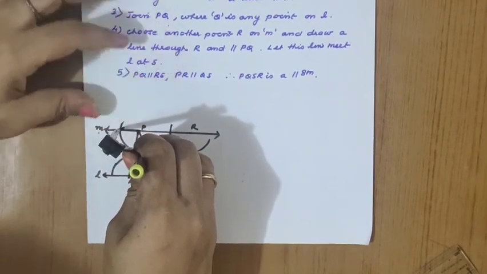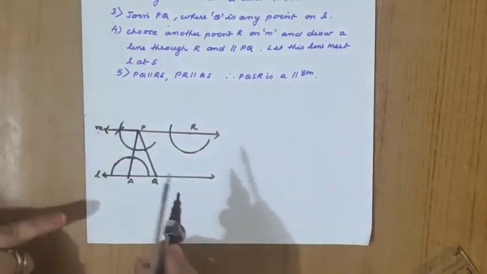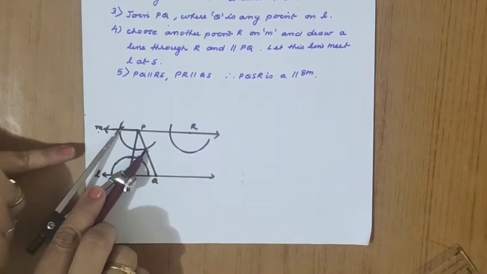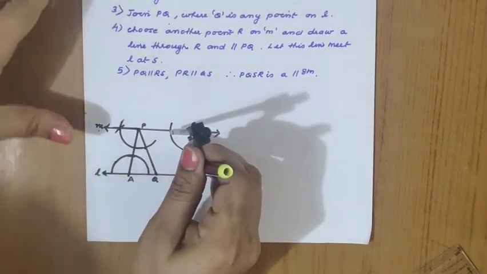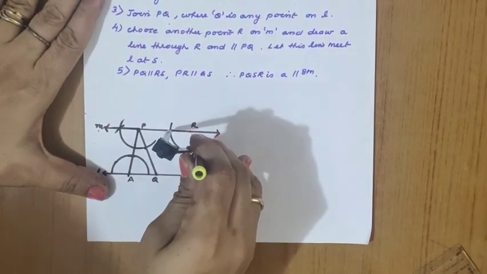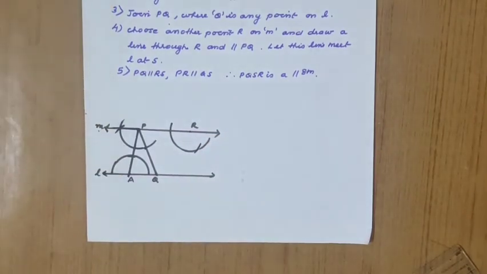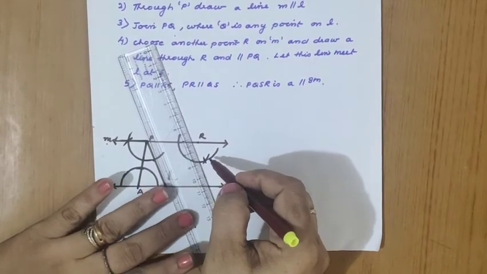We have taken the corresponding angle measurement like this, from this transversal to the line PQ. So the same way we are taking the angle from here and cutting here. Right? So corresponding angle idea, we got another arc here.